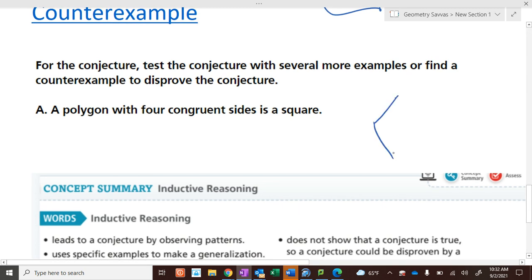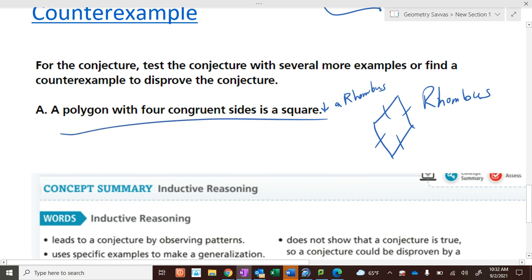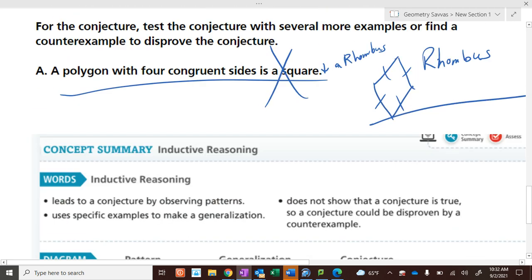No. So my counterexample would be a rhombus. A polygon with 4 congruent sides isn't just a square. It is a square and a rhombus. So their conjecture that it's just a square is wrong. So we provided what is called a counterexample here.